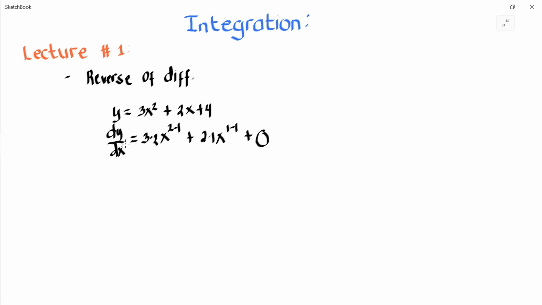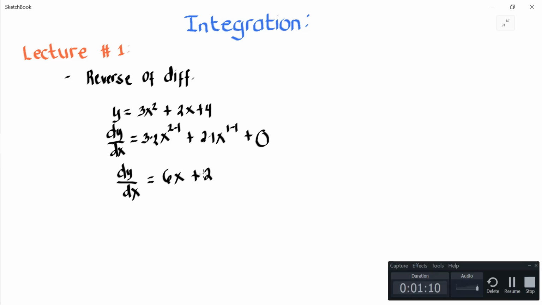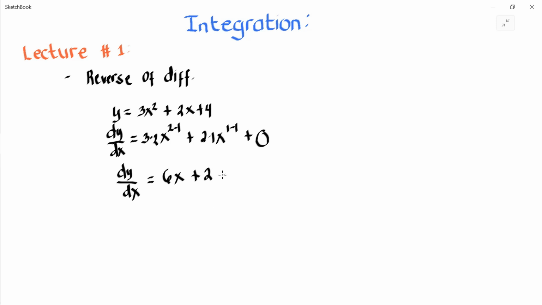Then, to further simplify, dy over dx is 6x plus 2.